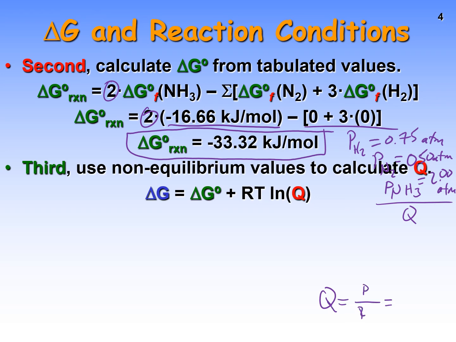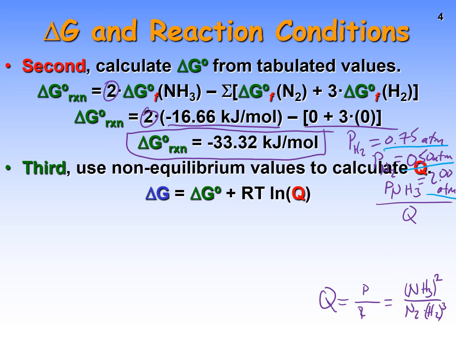In this reaction, we have NH3 over N2 times H2, but we have stoichiometric coefficients we need to worry about. There's a square there, and there's a cube here. Then we take these other values we were given and plug them all in.